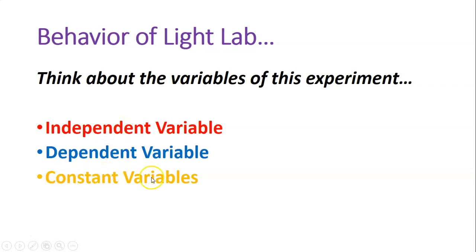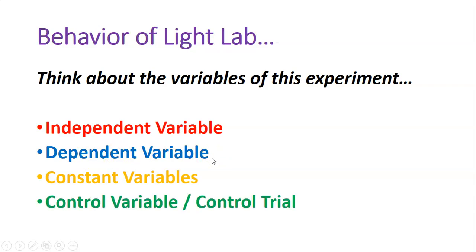In other words, all of the other variables that could have had an influence to determine the behavior of your results, you removed all of those possibilities and kept everything else the same, so that the independent variable truly was the only variable having an effect on the dependent variable.